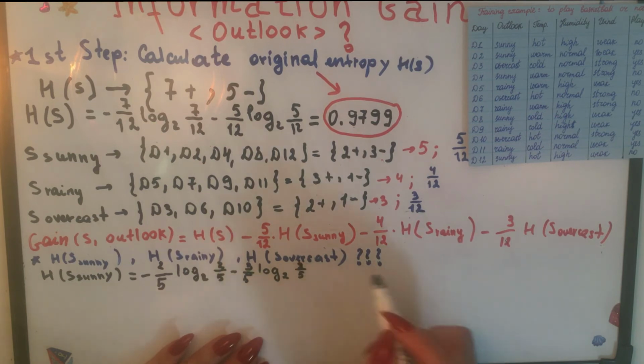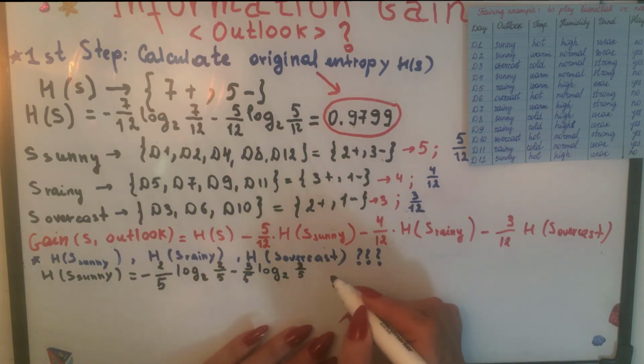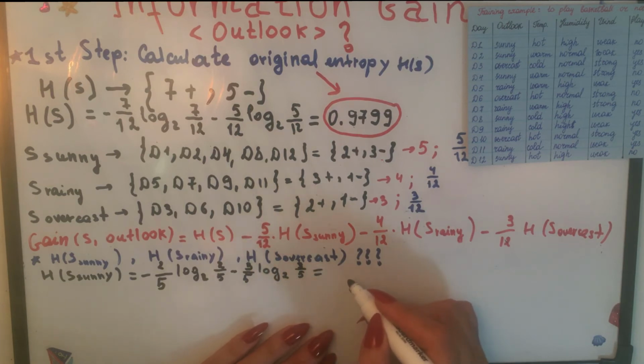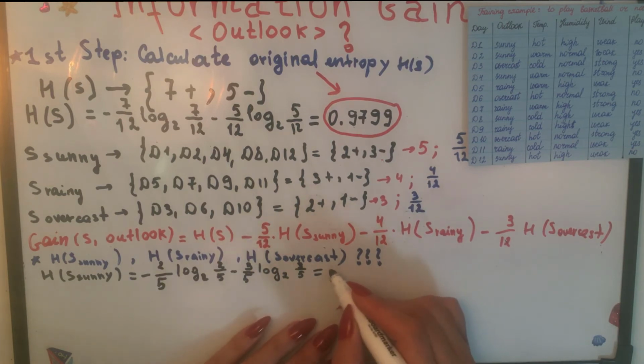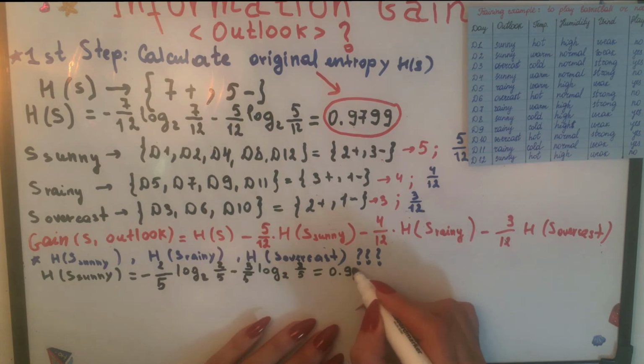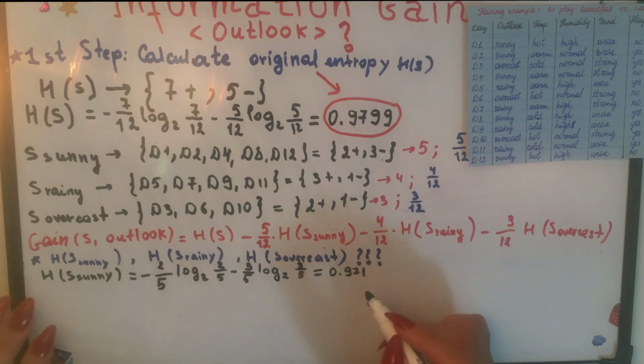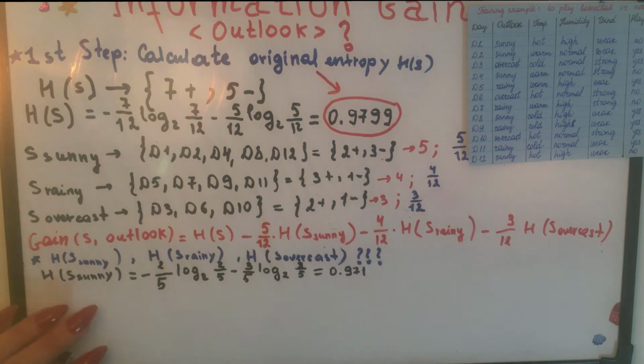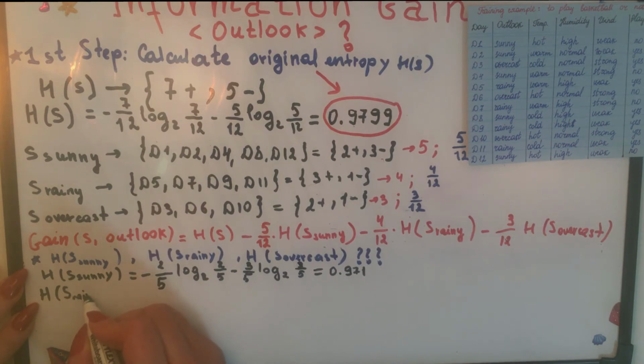So why do we have here 2 and 3? 2 is the number of days that the weather is sunny, and the answer is yes to play basketball. 3 is the number of days when the weather is sunny, and the answer is no. And 5 is the total number of sunny days.